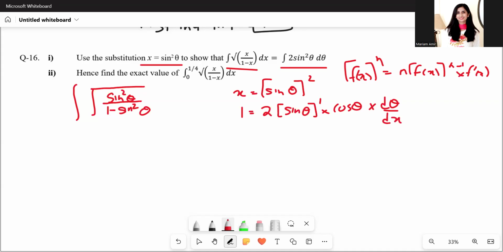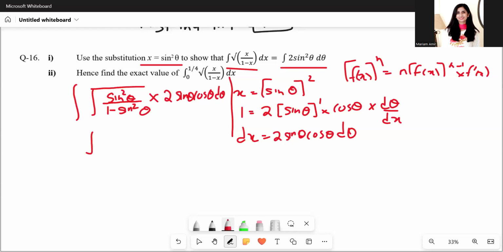Okay, now take dx to the other side. So dx equals 2 sine theta cos theta d theta. So we write that here in place of dx: 2 sine theta cos theta d theta. Now the denominator becomes cos theta, cos squared theta in fact, from the identity. And then there's a sine squared theta into 2 sine theta cos theta d theta.